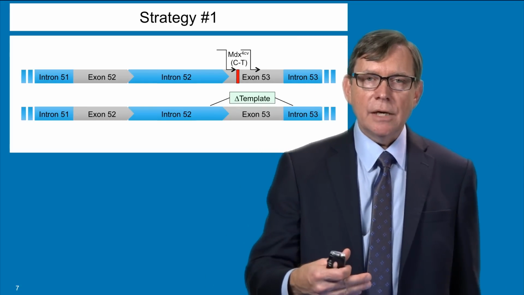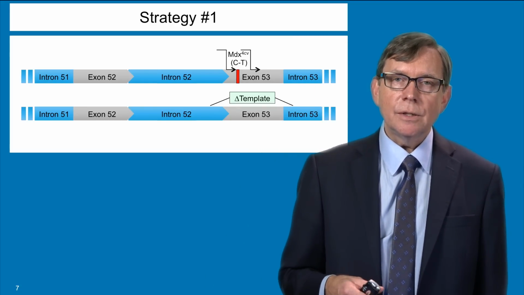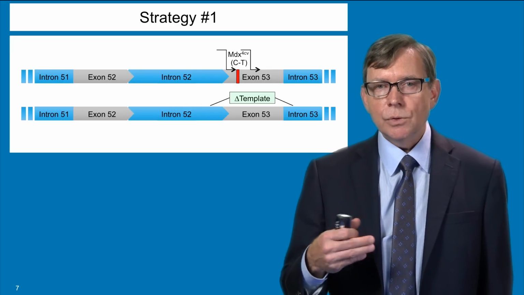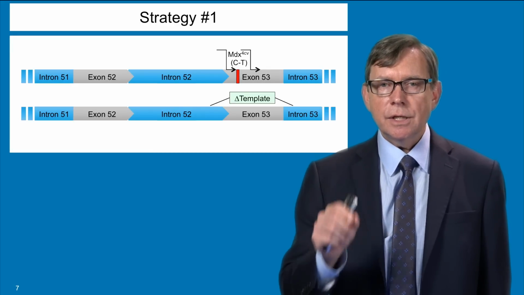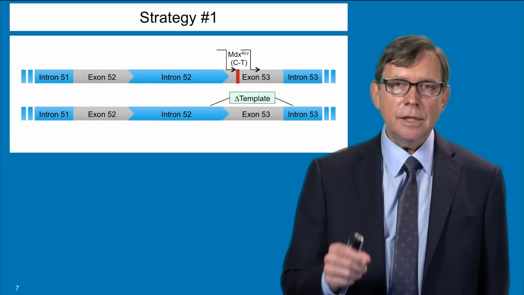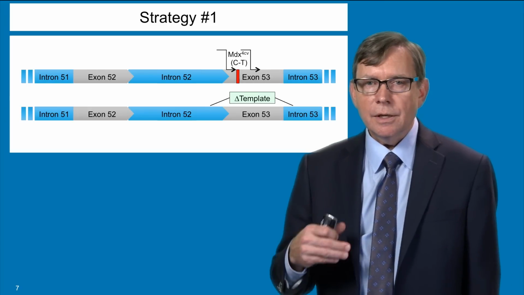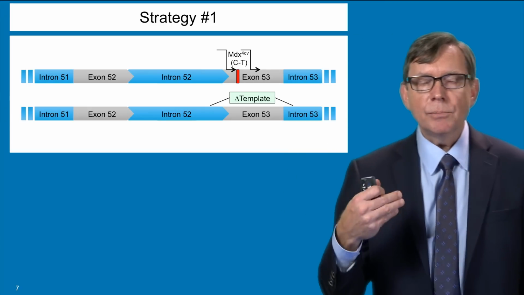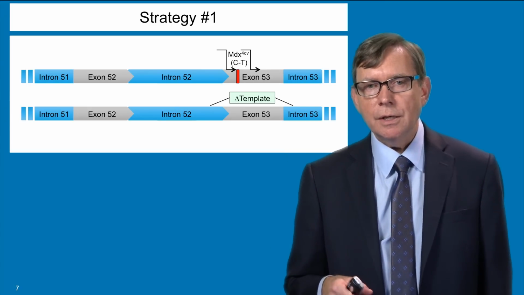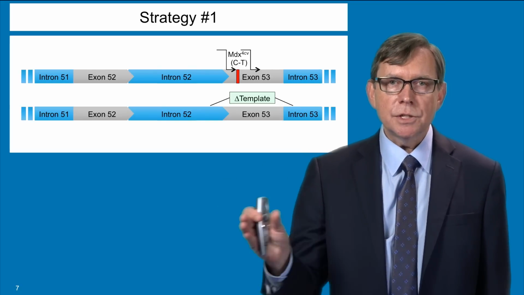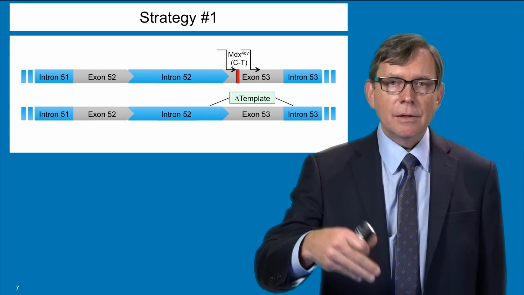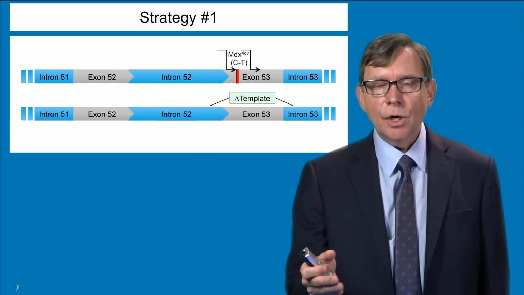In the particular mouse model for Duchenne muscular dystrophy that we've been studying in our laboratory, which is known as the MDX4CV mouse, it has a single base change, a C to T conversion that creates a premature stop codon in the gene. So instead of exon 53 encoding a set of amino acids like it normally would, this mutation makes a stop codon.